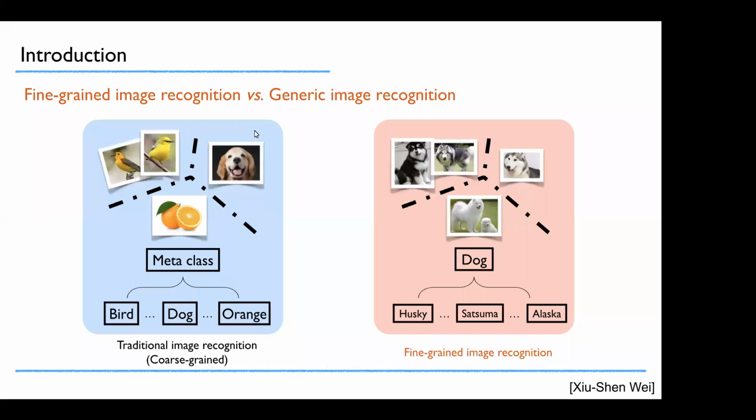Now, to take a slide from Shushen, you may see this again later. This tutorial is focused on fine-grained image recognition. So the community is generally more aware of generic image recognition, also known as coarse-grained. So on the left, when we talk about coarse-grained or generic recognition, what we're looking at is things like birds versus dogs or oranges versus bicycles.